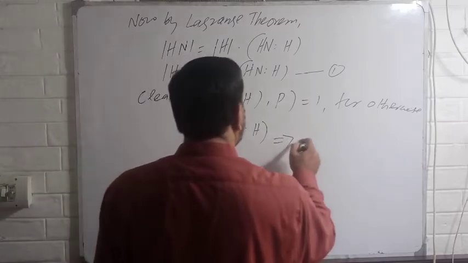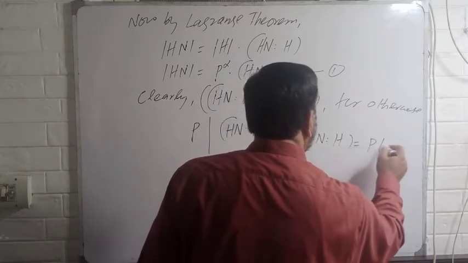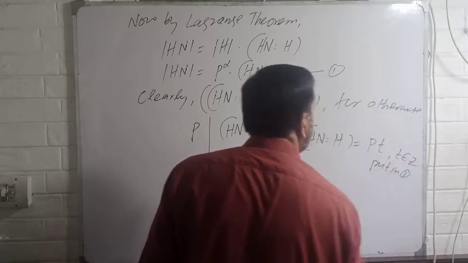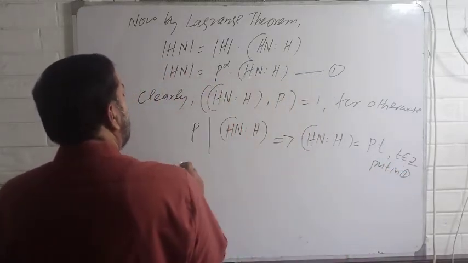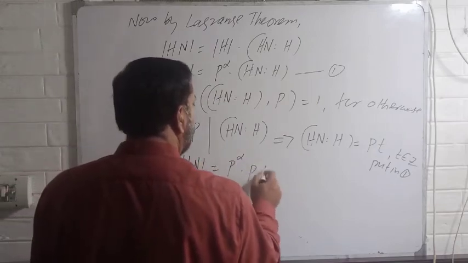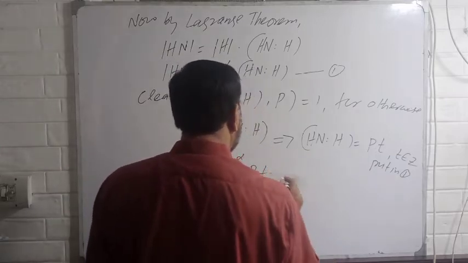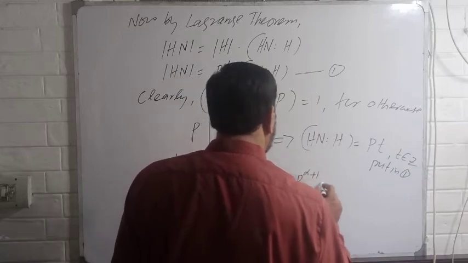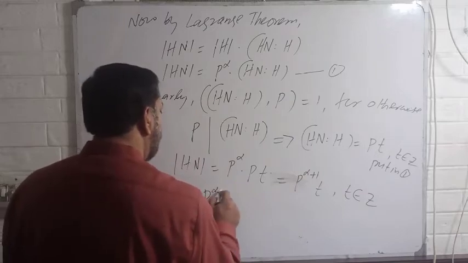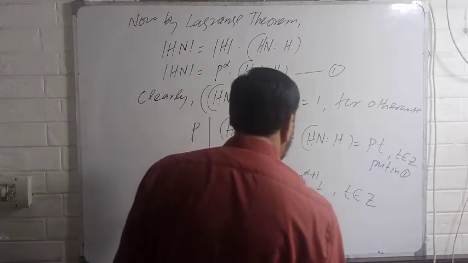So this implies the index of H in HN would be equal to some pt, where t belongs to the integers. Putting in, you are getting the order of HN is equal to p power alpha times pt, which is equal to p power alpha plus 1 times t. So this implies p power alpha plus 1 would divide the order of HN, a contradiction.